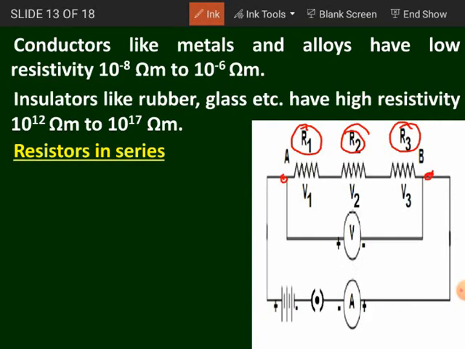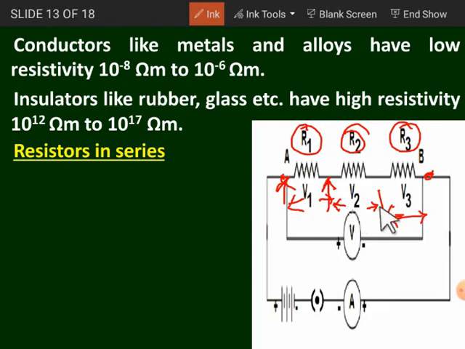But if you want to measure the potential difference across R1, then your voltmeter should be connected here like this. Got it? The potential difference across R1 will be denoted by V1, across R2 it is denoted by V2, and across R3 by V3.